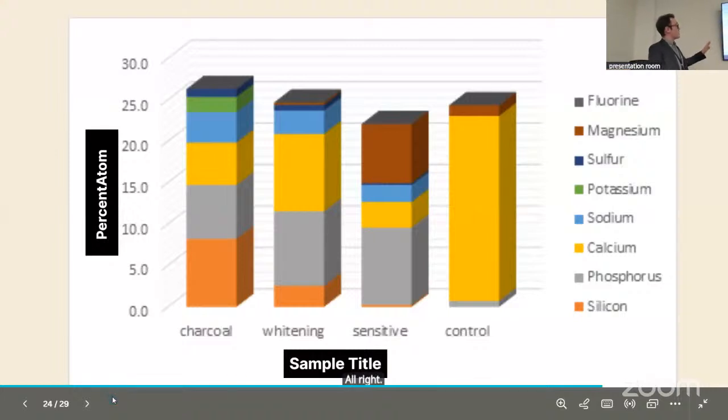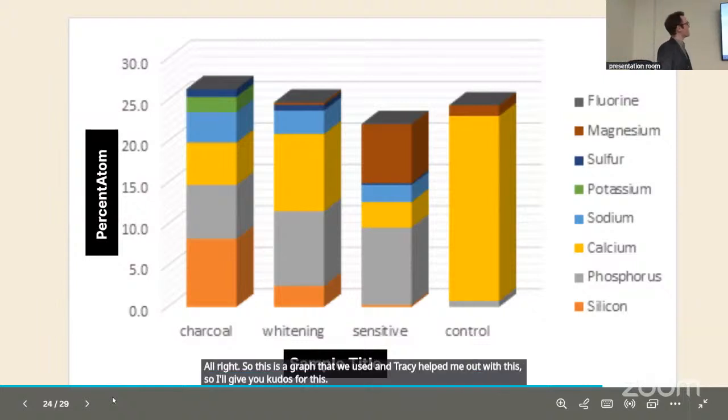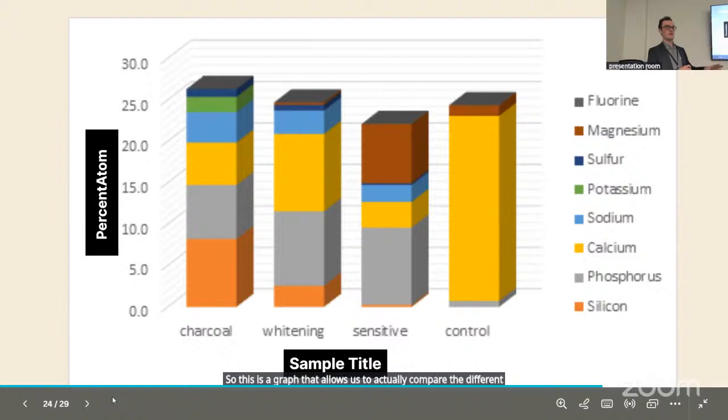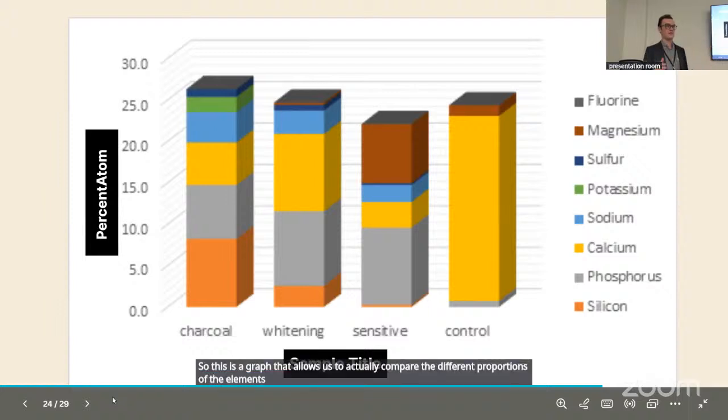So this is a graph that we used, and Tracy helped me out with this, so I'll give you kudos for this. This graph allows us to compare the different proportions of the elements we detected from sample to sample. Whereas previously we could only compare the peak levels in each individual sample, now we can compare them all together.